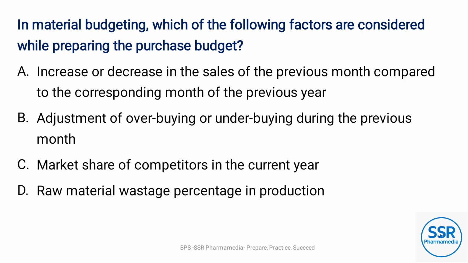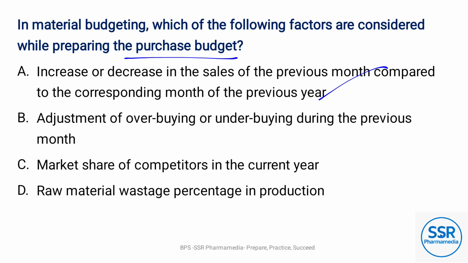The first question: in material budgeting, which of the following factors are considered while preparing the purchase budget? Option A, increase or decrease in the sales of the previous month compared to the corresponding month of the previous year.